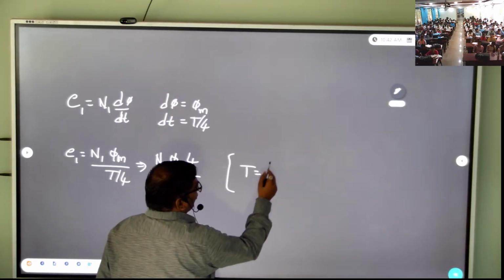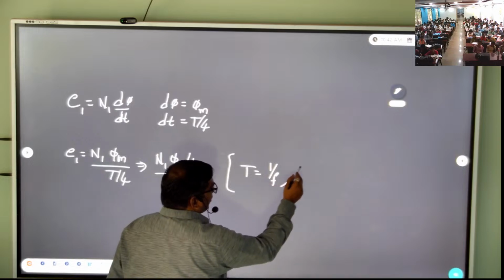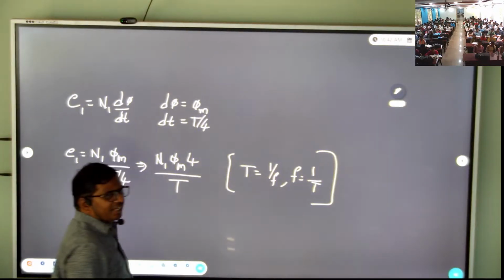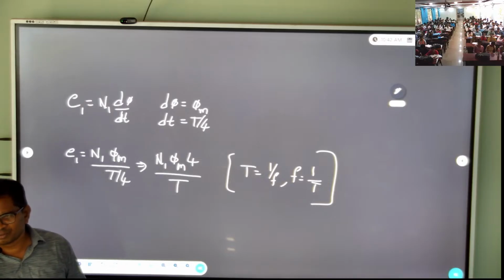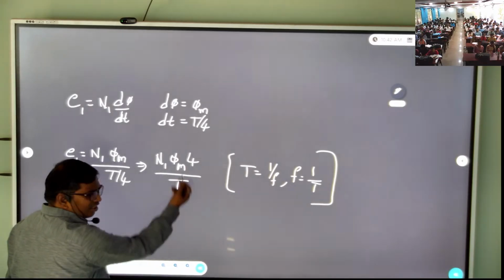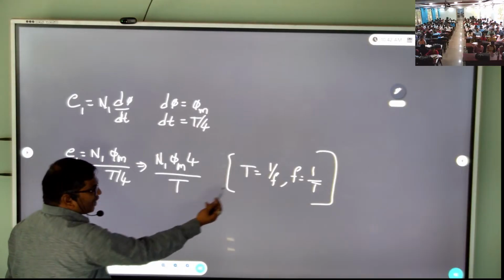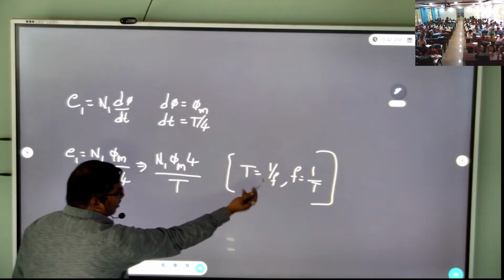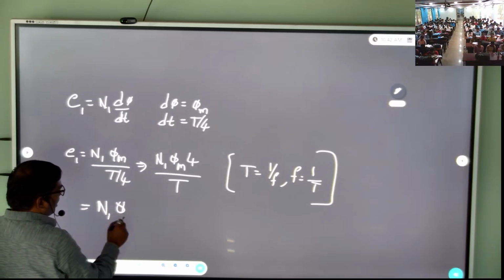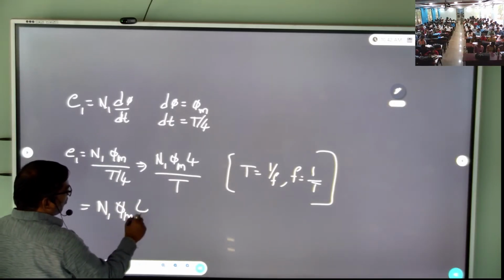Time period is equal to 1 by f, or f is equal to 1 by T. Yes, inverse of time period is nothing but frequency. So replace this 1 by T with f. So here N1 pi m 4 into f.